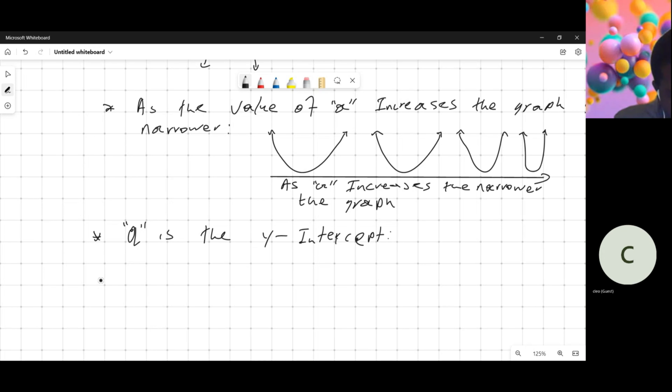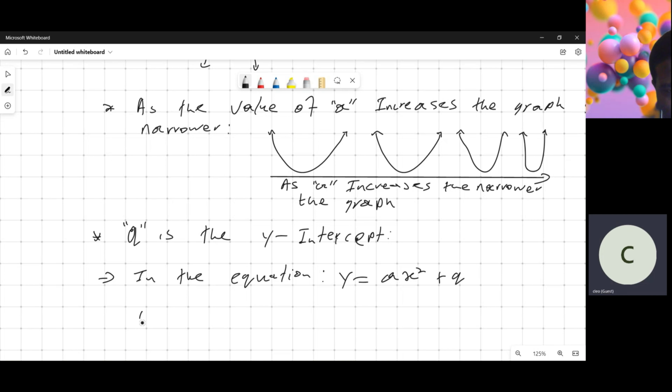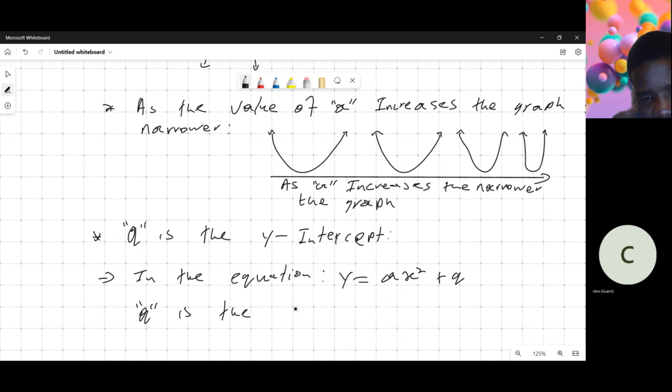And then another thing is that in the equation y equals ax squared plus q, Q is the turning point.